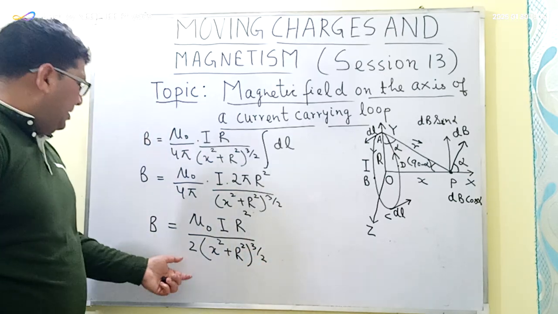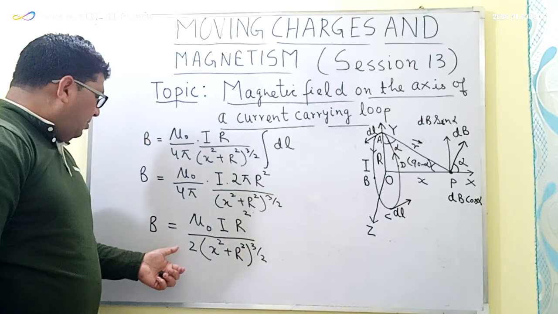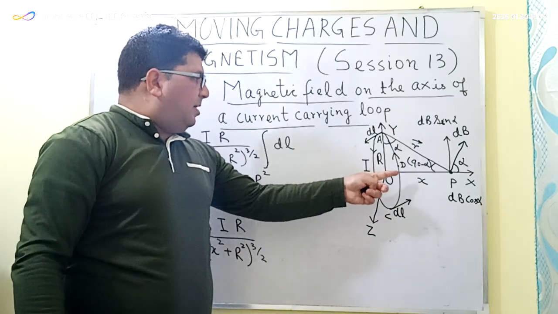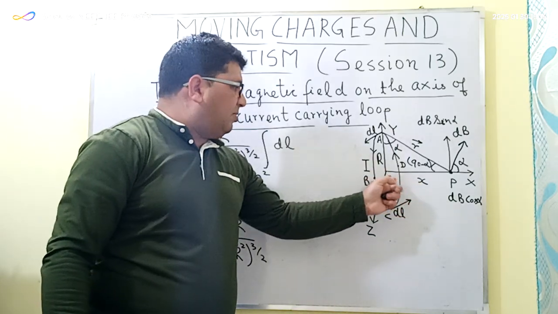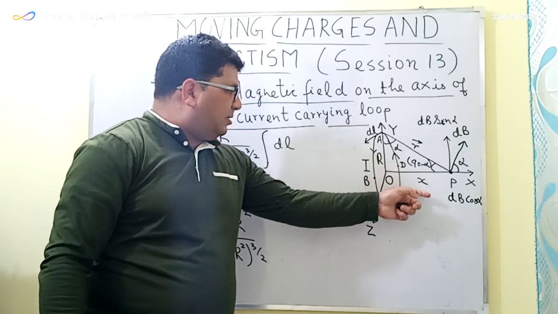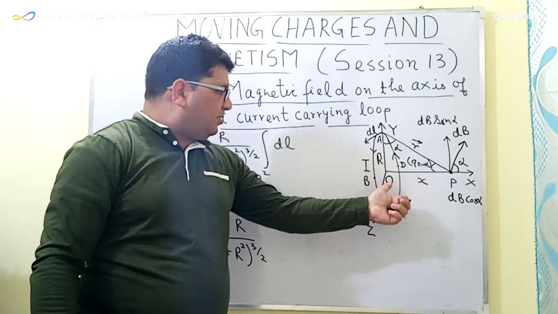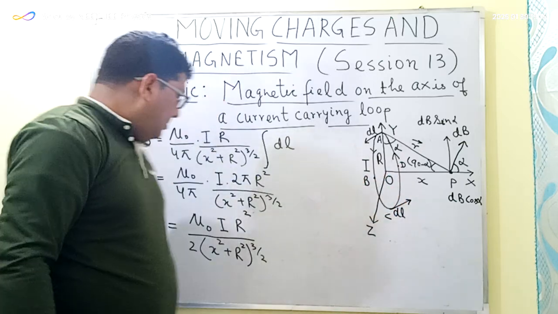So this is the value of the magnetic field due to this current carrying loop at a point P which is lying on the axis of this current carrying loop, and this point P is situated at a distance of x from the center of the current carrying loop.